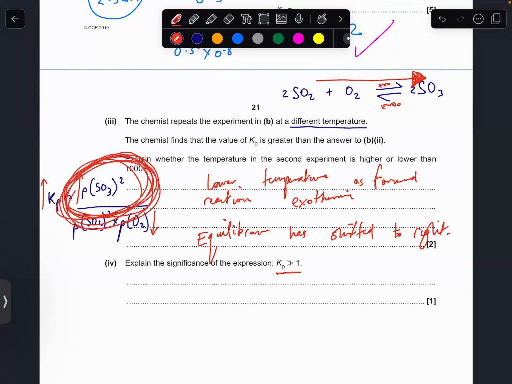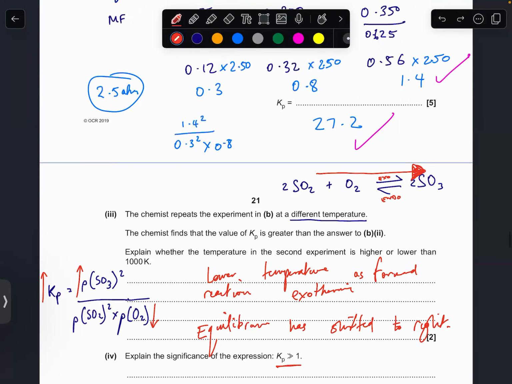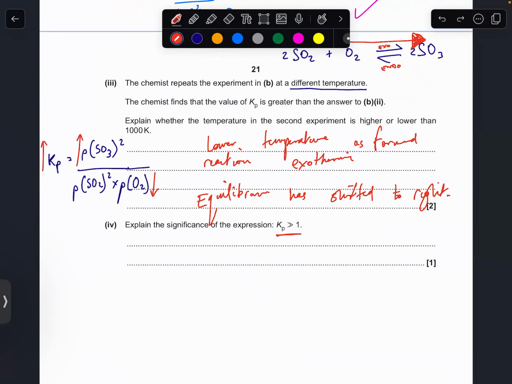The equilibrium position is far to the right. That's what that means. If it's less than 1, that means it's towards the left.